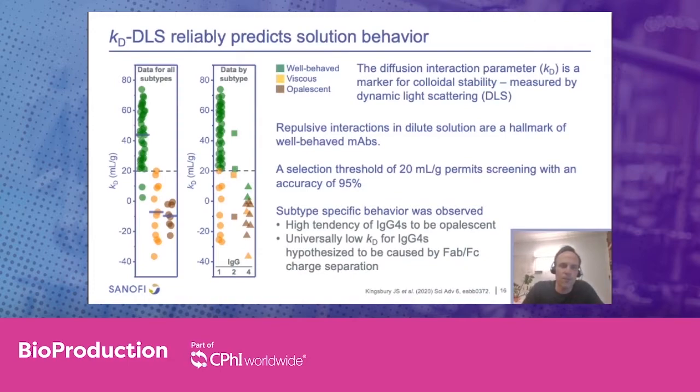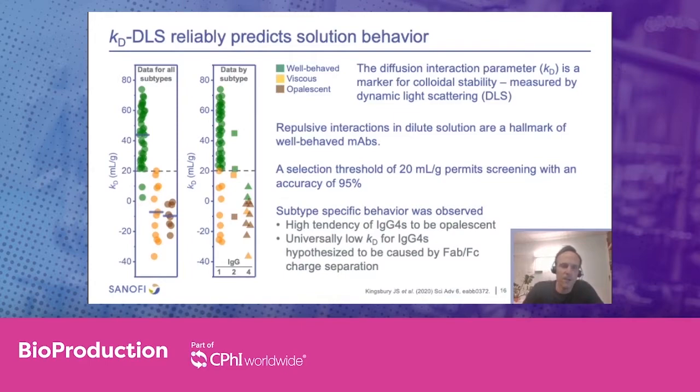So on the left-hand plot, these are all the subtypes mixed together, separated by solution behavior category. So on the left are the well-behaved ones, and it's clear that repulsive interactions are really a hallmark of the well-behaved antibodies with high KD values.